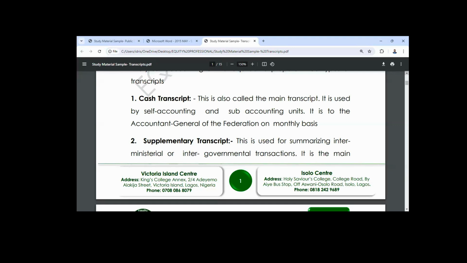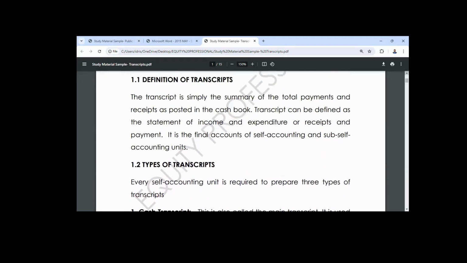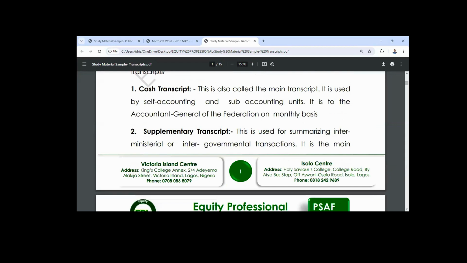correct. No. Transcript is prepared by self-accounting unit and sub-accounting unit. You can see the final account of self-accounting unit and sub-accounting unit. I'm talking about number one, cash transcripts. This is called the main transcript. It's used by self-accounting and sub-accounting, but I guess it's just an omission, sir. Yes, it is used by self-accounting unit and sub-accounting unit.